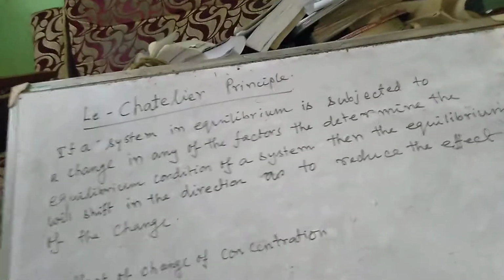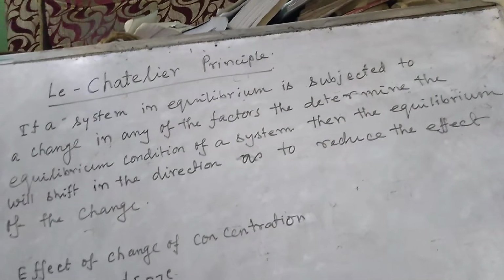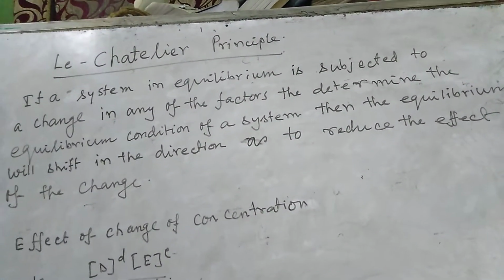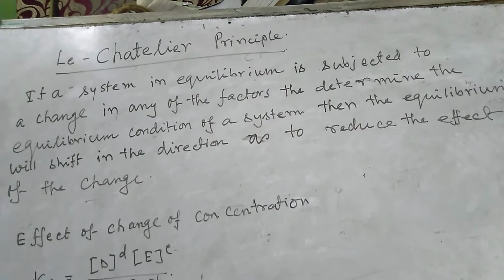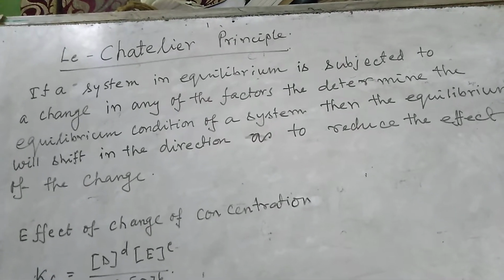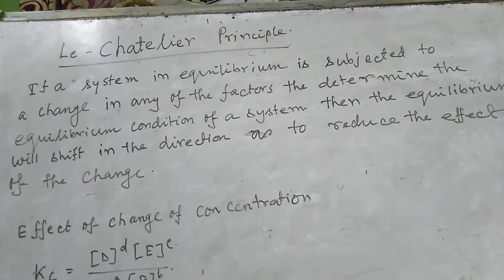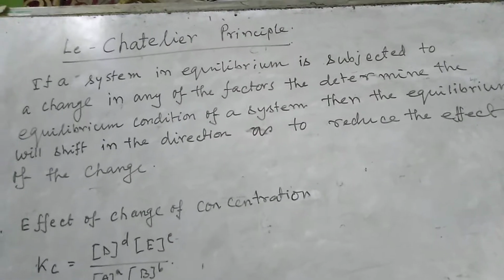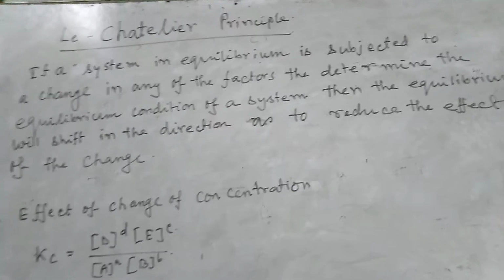I am telling you that equilibrium depends upon some factors like concentration of the reactants and products, temperature, pressure, volume, and addition of inert gas, catalyst. There are many factors.